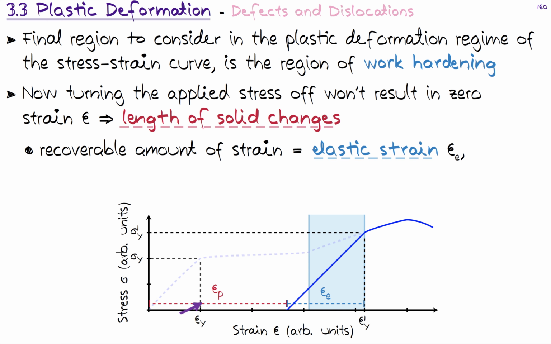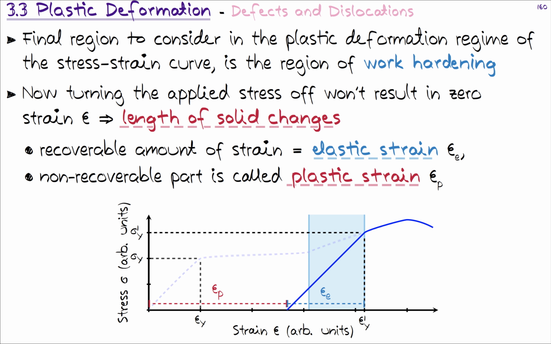And then we have the rest of the strain, and that's called plastic strain, epsilon P. And this is the not recoverable part of the strain. So this is a bit of terminology for you to know. And this is roughly the process of work hardening. And sometimes this is quite useful because you can improve the properties of the material, in essence, you can harden it by doing these kinds of tricks.